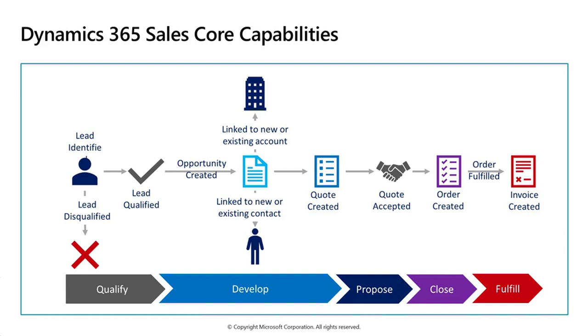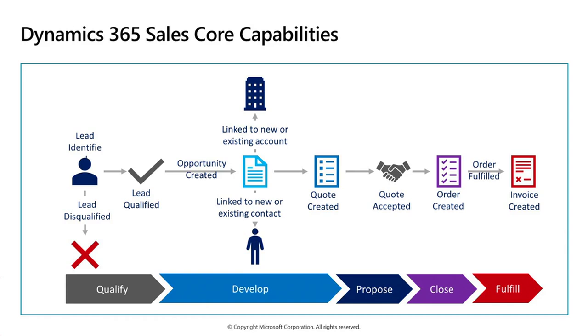And you have some default processes already available. This default process lets you identify a lead. You can decide if this lead will be disqualified or qualified, to move from the qualify stage to the develop stage, where you will create the opportunity, link it to an existing or new account, link to a new or existing contact, and get this created.